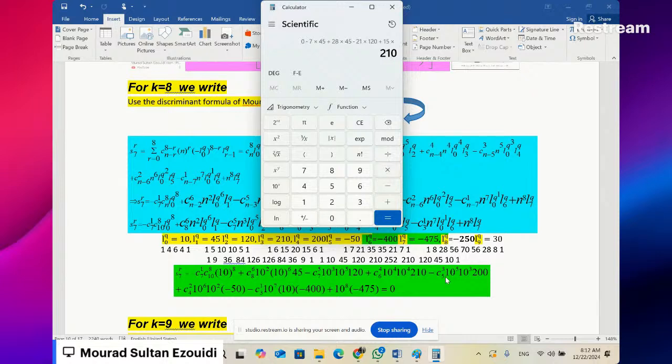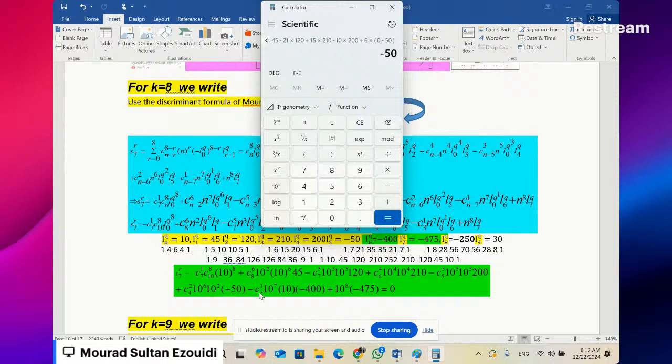Then minus 5 times 3 is 10, minus 10. Multiply by 200. Then plus 4 times 2 is 6, plus 6. Times negative 50. Negative 5 units. Close the parentheses, okay.